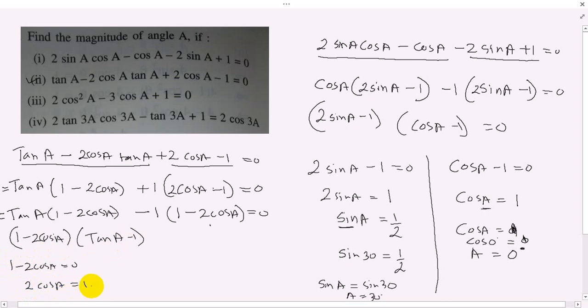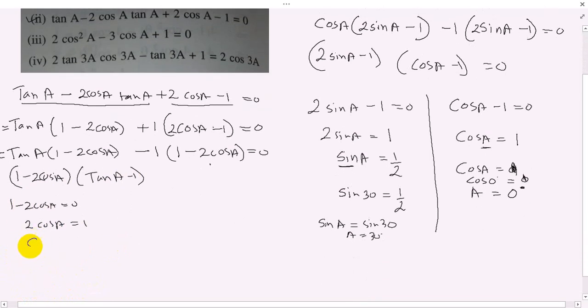So 1 minus 2 cos A is equal to 0, or 2 cos A is equal to 1, cos A is equal to half. For which value is it half? Cos 60 degree is equal to half. So A is equal to 60 degree. Similarly, we will do for this one.